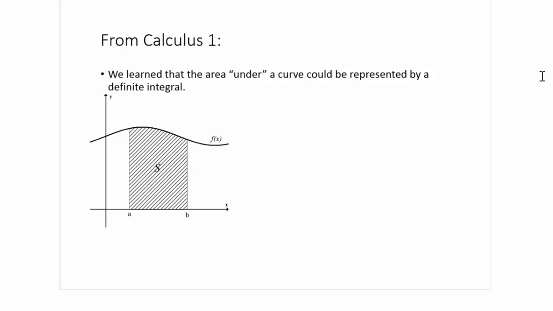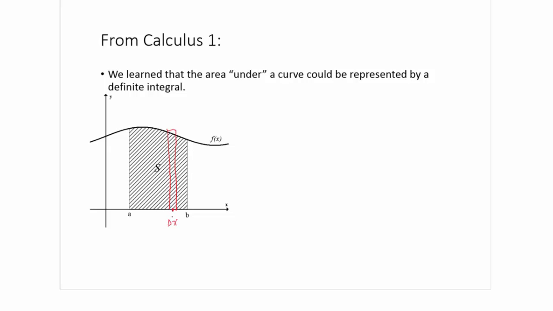A quick reminder of that idea: if we had this region under the curve f of x on the interval a to b, we drew a representative rectangle with thickness delta x, and we chose a sample point in some interval.